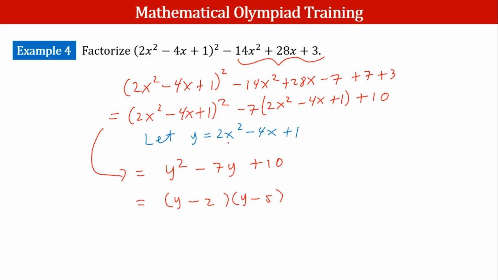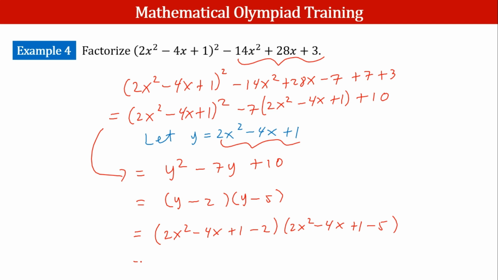However, y is 2x squared minus 4x plus 1. So replace again y by this. 2x squared minus 4x plus 1 minus 2 times 2x squared minus 4x plus 1 minus 5. Now, if you're not comfortable with substitution method, you can just immediately factor. However, with substitution method, chances of errors in writing the answer or in simplifying is reduced. Alright?